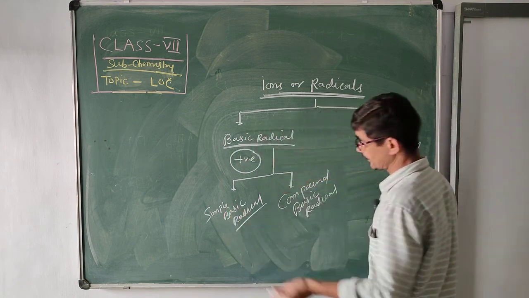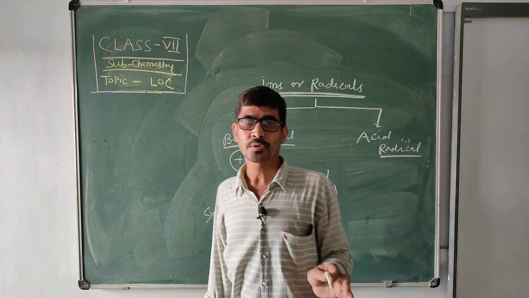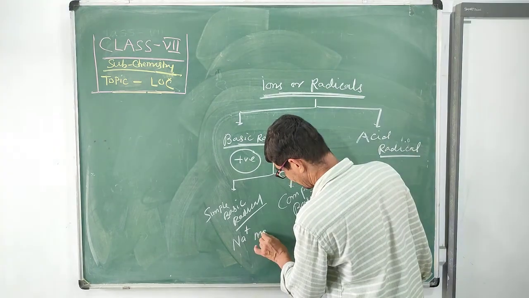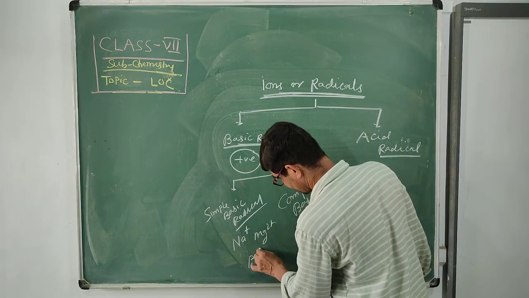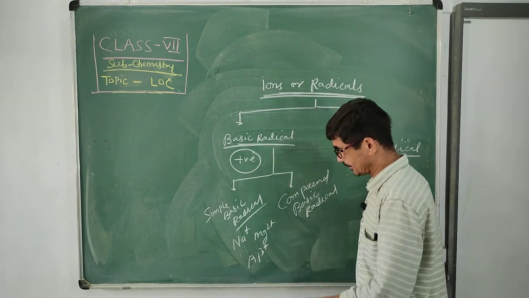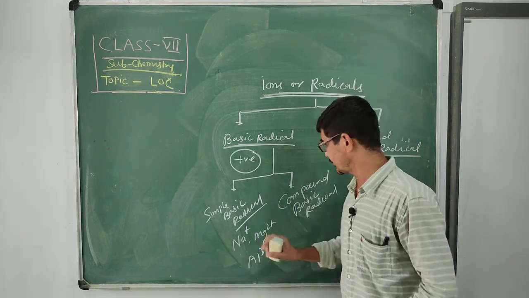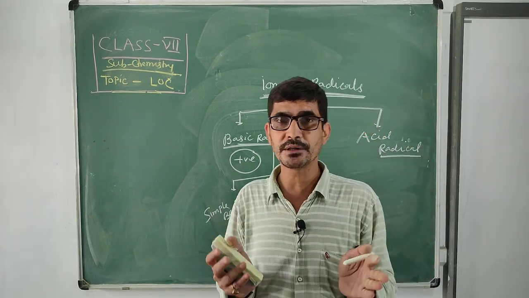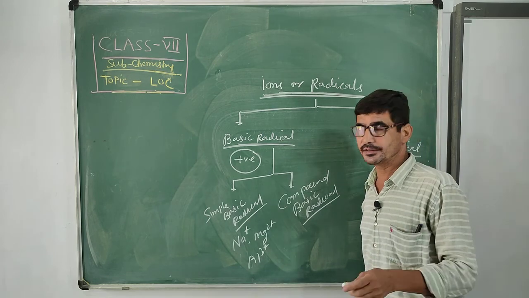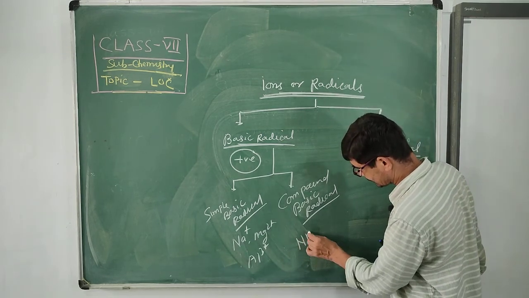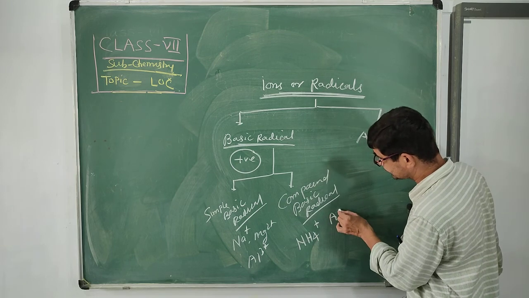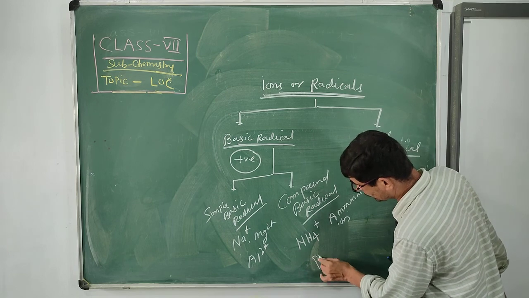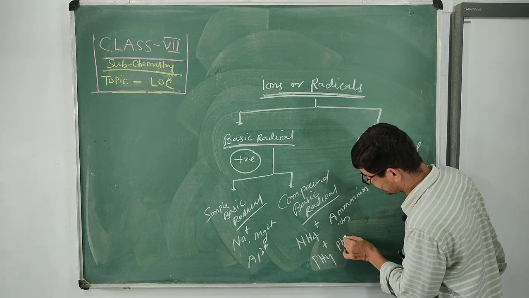In case of simple basic radical, a single atom carries positive charge, such as sodium ion, magnesium ion, aluminum ion. This is called simple basic radical because a single element has positive charge. But in case of compound basic radicals, a group of atoms having positive charge, such as NH4 plus is called ammonium ion, PH4 plus is called phosphonium ion.